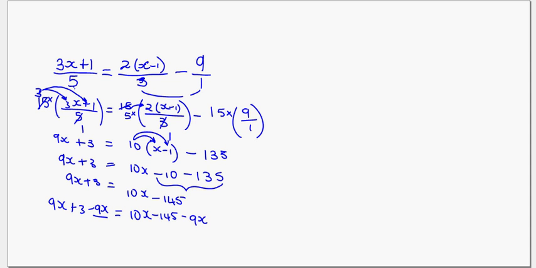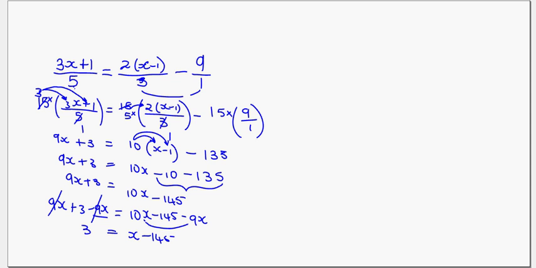So I'm going to minus 9x on the left-hand side. So the minus 9x is going to cancel out with the 9x. And I'm going to minus it on the right-hand side as shown. So I'm going to end up with 3 is equal to, what is 10x minus 9x? That is 1x or x. If I have $10 and I take away $9, I end up with $1.